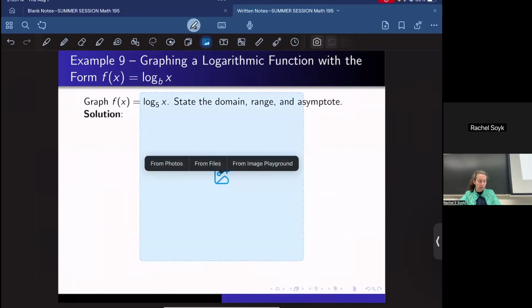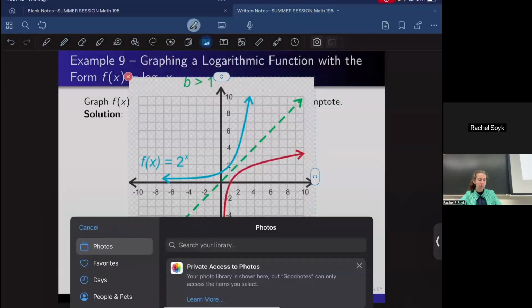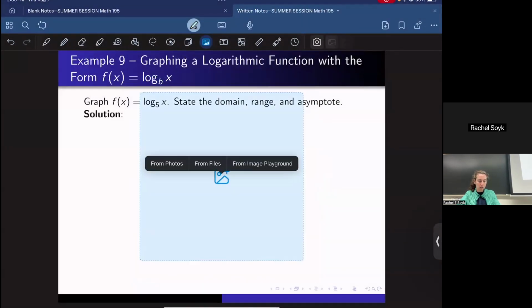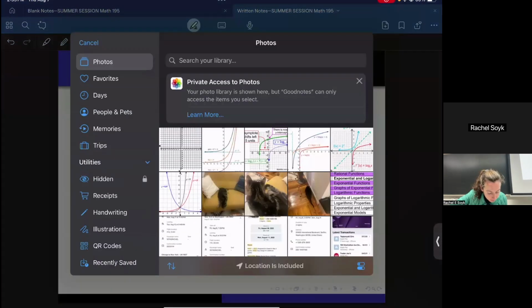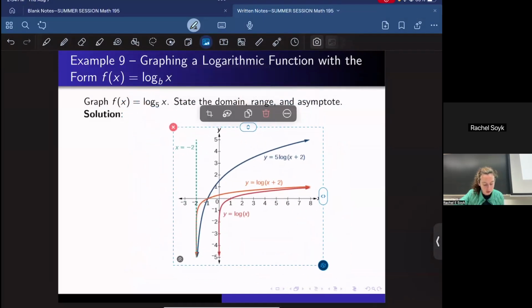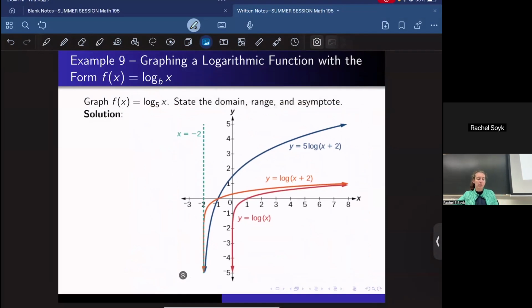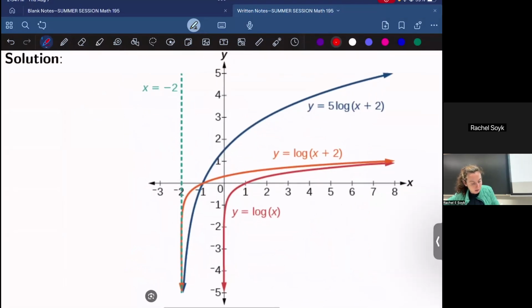And again, I'll just use that same photo so you can really see the comparisons, maybe I should use a different one so it's not as bunched up. Let's use this one, because then it offers more transformations as well. But then we'll plug in our log base 5 of x. The red one is log base 10 of x.